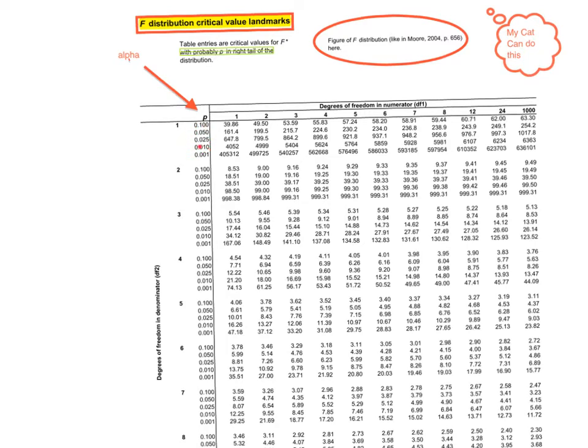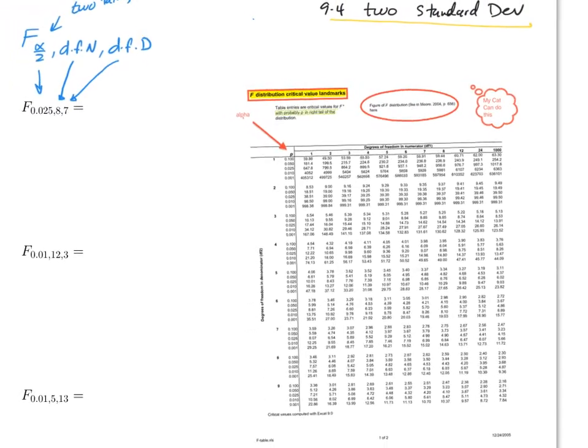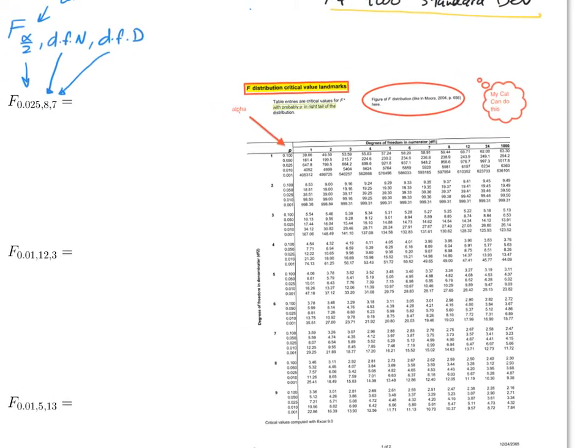So this is very, very similar to t and chi-square, except that now you need 2 degrees of freedom, numerator and denominator. So for example, for the first part, it's telling you that the numerator is 8 and the denominator is 7 and alpha is 0.025.